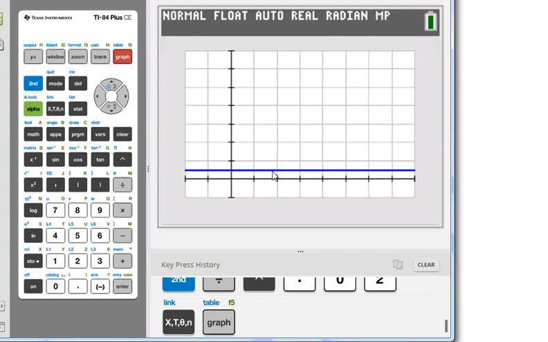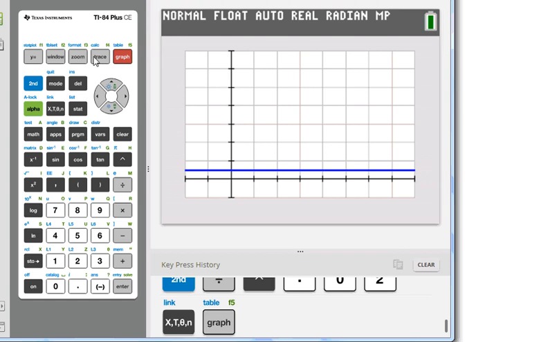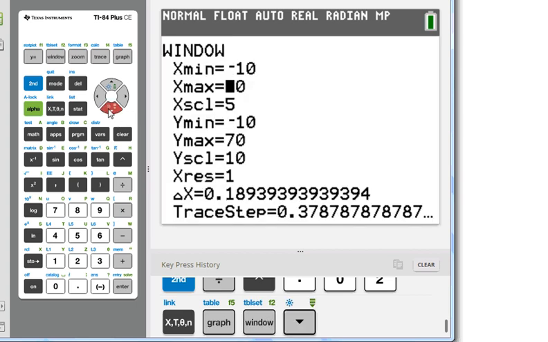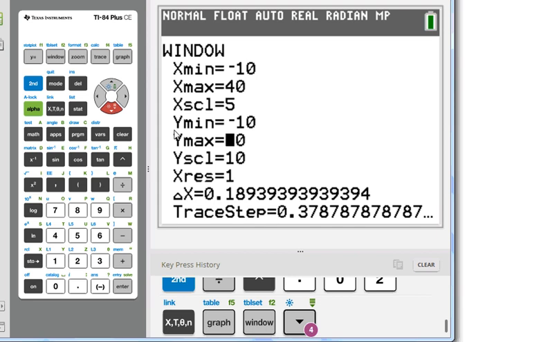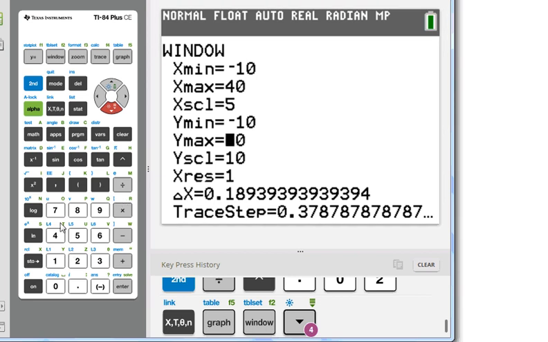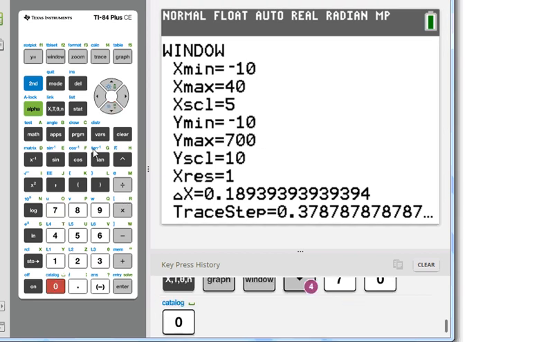I don't see hardly anything here, do I? I think I see the 5, but I don't see the 625 up here. So again, we need to make some adjustments. I'm going to make sure my y max is at least 625, so I'm going to make this 700. We're going to go by 100s.